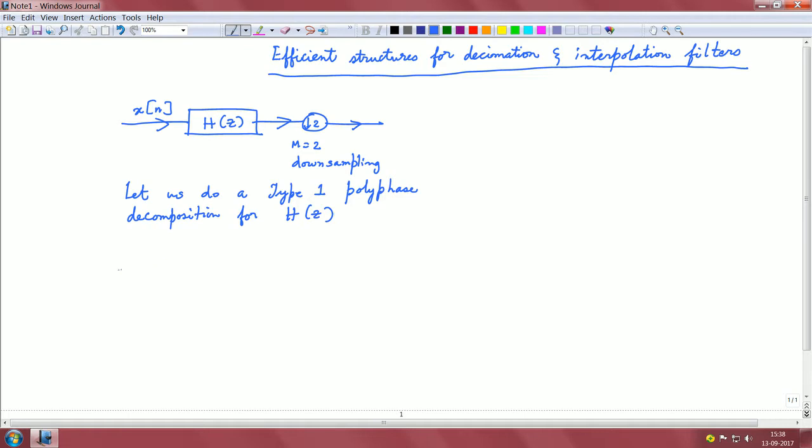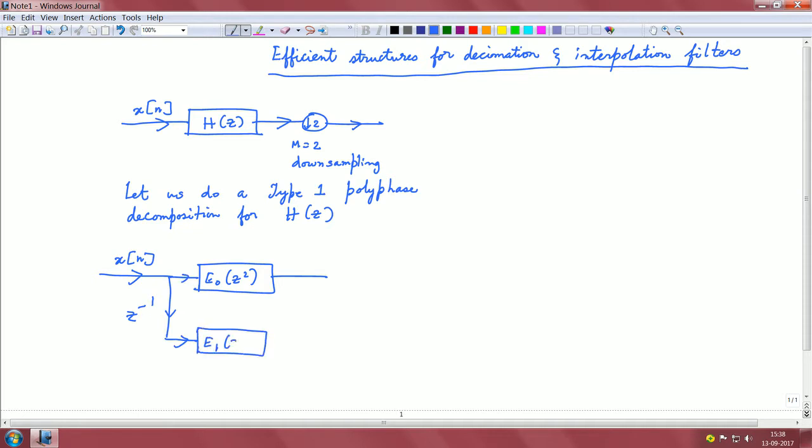So, we get this in this form. Basically we have x of n, we have a filter which is E naught z square. There is a delay element here. We have E1 of z square.